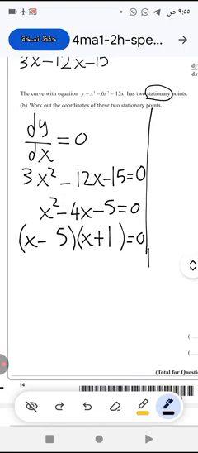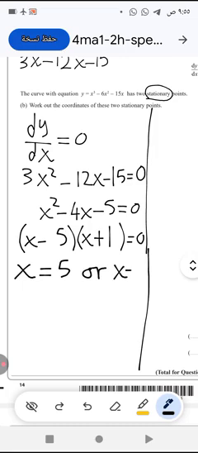Now, either x minus 5 equals 0, that means x equals 5, or x plus 1 equals 0, that means x equals negative 1. These are the x coordinates of the stationary points.